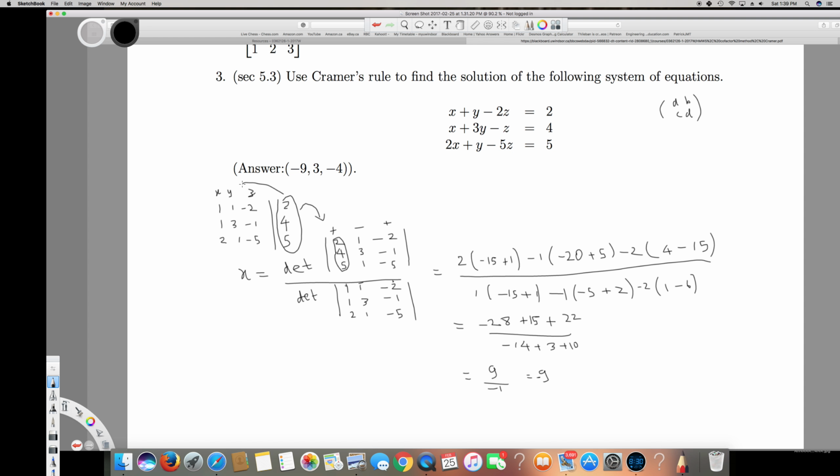For example, I swap this one here, put that determinant on top, and if you find the answer, you will get 3. That's how they got 3. For z, you do the same thing: put this one for the z, find the determinant, and divide by the original determinant, and you will get minus 3 minus 4. This is how we use Cramer's rule to find the final answer.